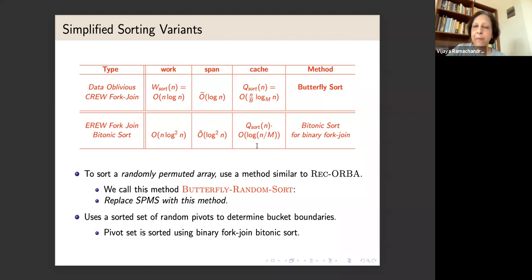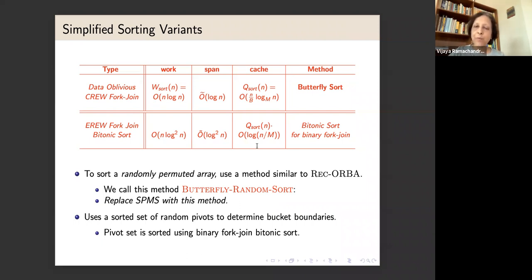And we call this butterfly random sort because it's going to be very similar to our RecOrba, which we just saw. And the only difference is going to be that the sizes of the buckets or the contents of the buckets will be determined by a sorted set of random pivots.